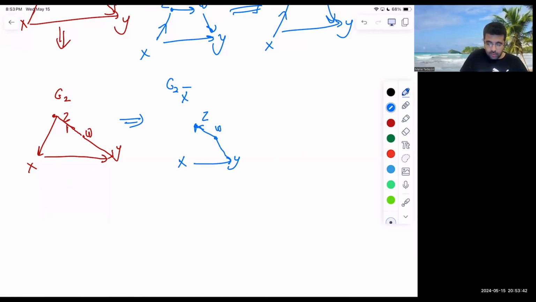Now go ahead and remove any edge going to the Z as long as Z is not an ancestor of W. Is Z an ancestor of W? No, Z is a child of W. It's not. So go ahead and remove any arrow that's going to Z. W to Z is removed.